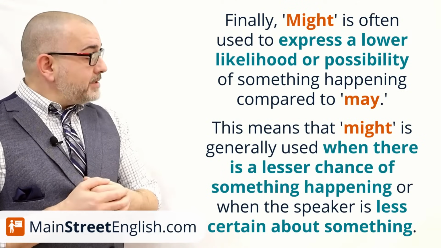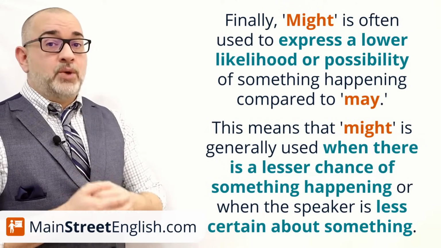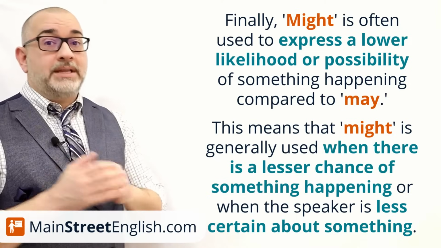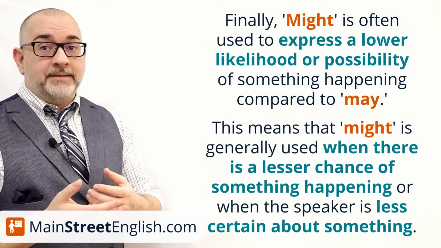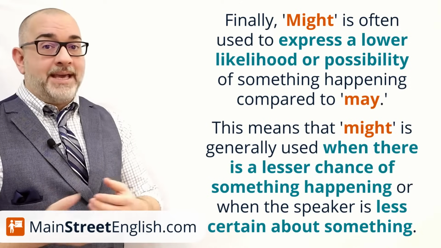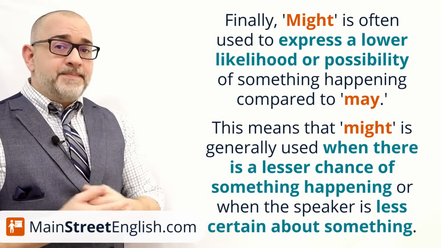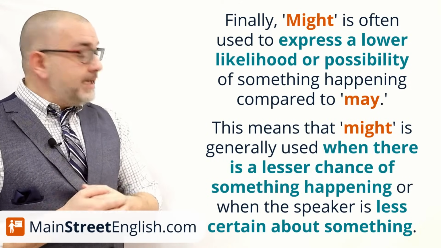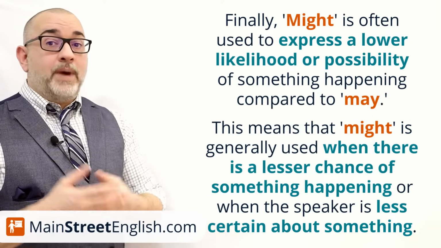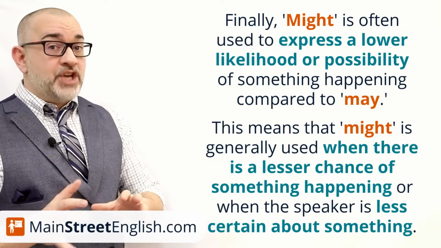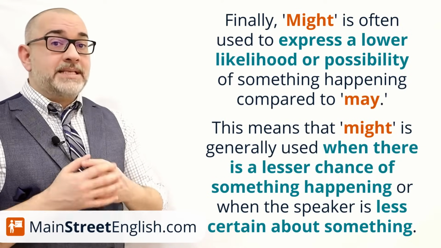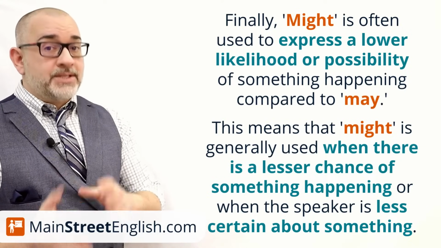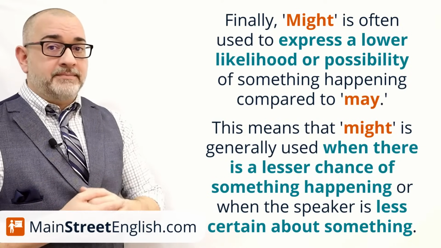Finally, might is often used to express a lower likelihood or possibility of something happening compared to may. This means that might is generally used when there is a lesser chance of something happening, or when the speaker is less certain about something.